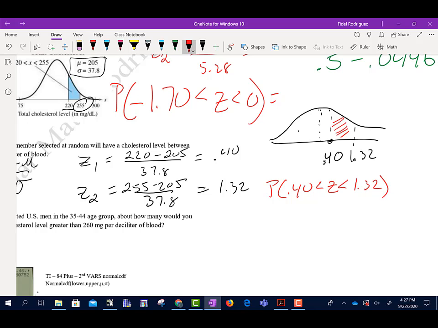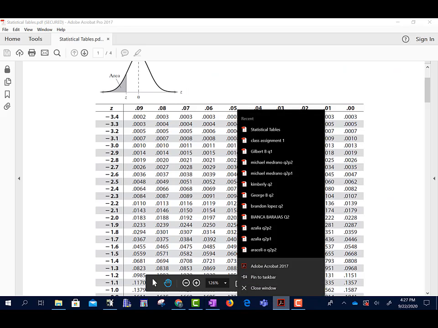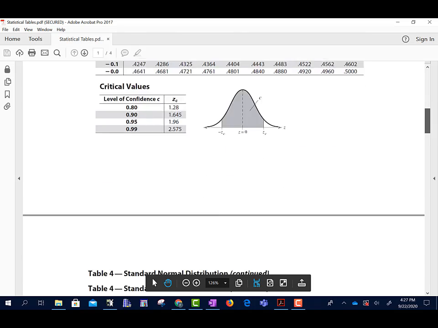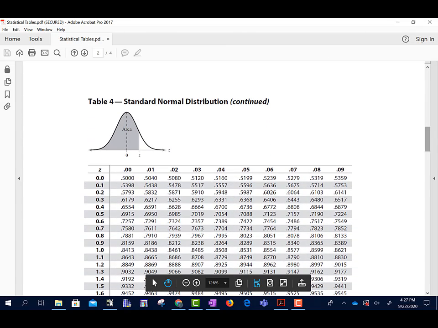Remember, if I'm using my chart, if I find the area for 0.40, that's going to tell me the area to the left. So let me get my chart. 0.40 is right here: 0.6554.